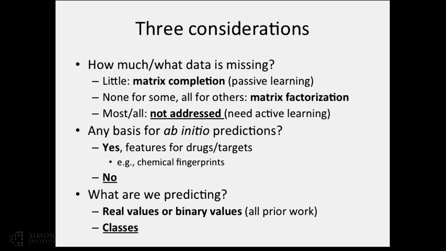And then the other thing we need to consider is what is it that we are trying to predict, right? In all of the active learning that's been done, very little of it that has been done in biology, it has been done where we're trying to predict basically a binary value and sometimes a real value, okay? But it turns out that for many responses, we can't think of it in those terms.